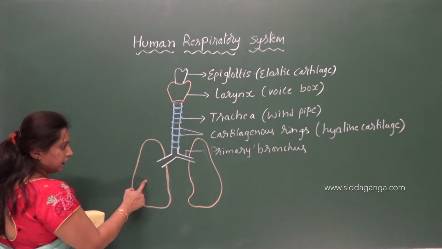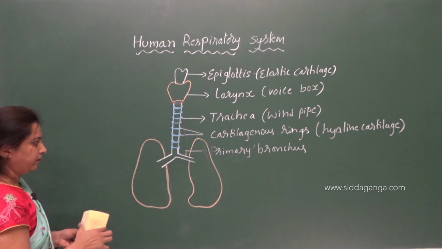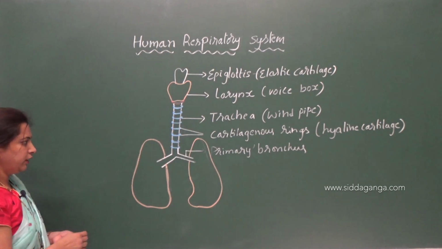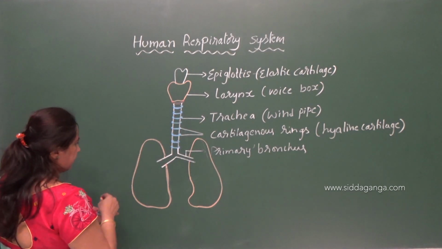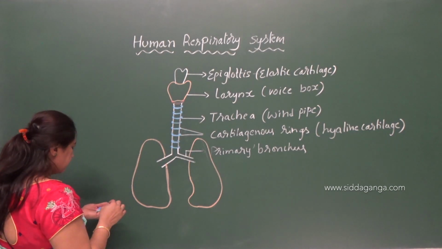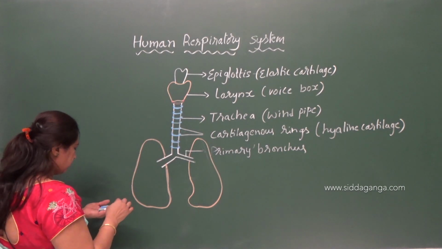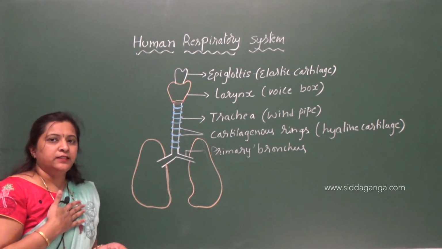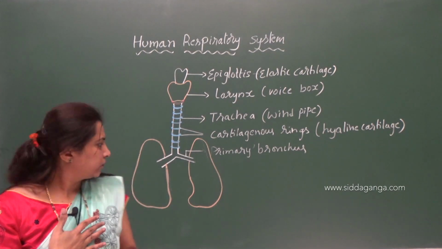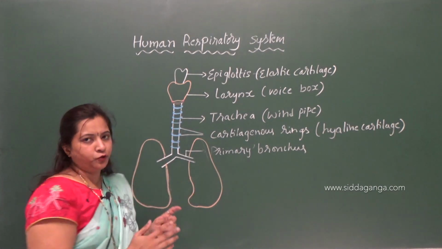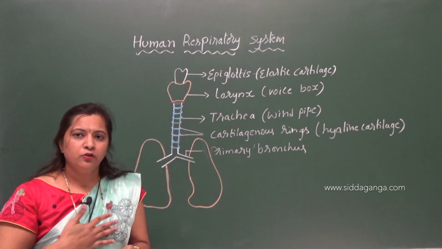These are spongy, elastic and triangular structures located in the thoracic cavity. This is the thorax region.